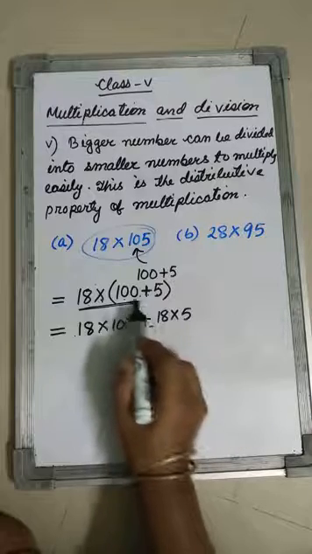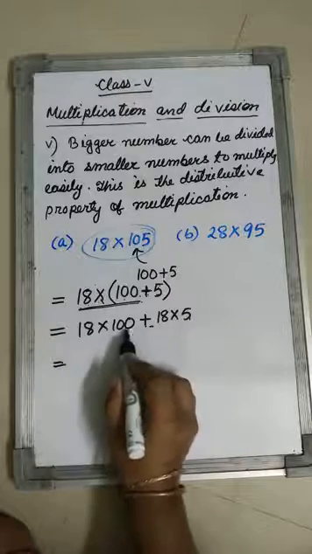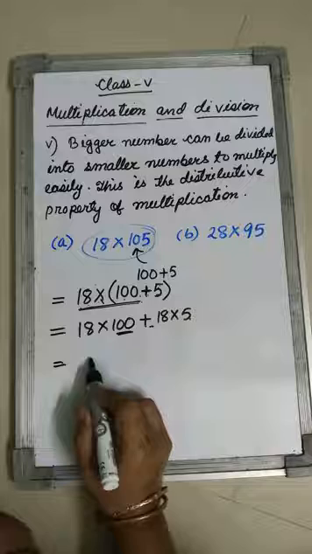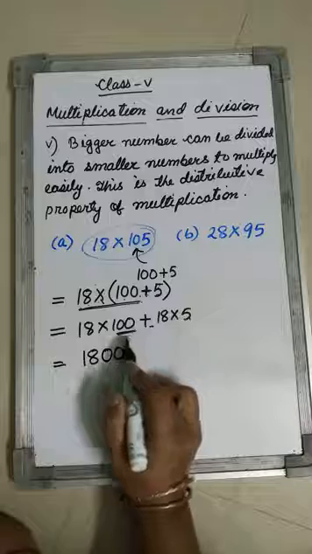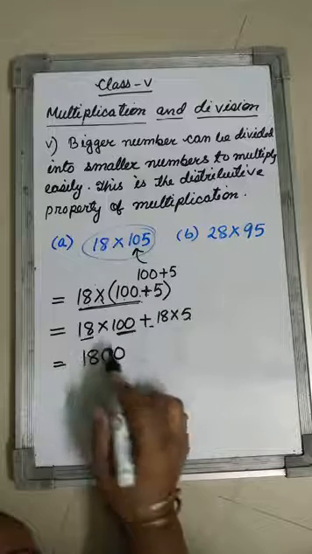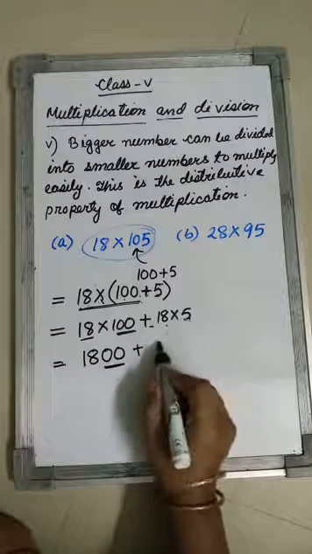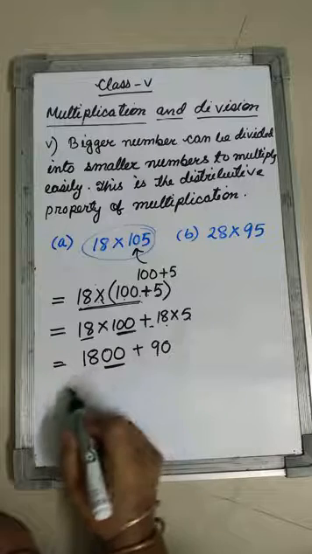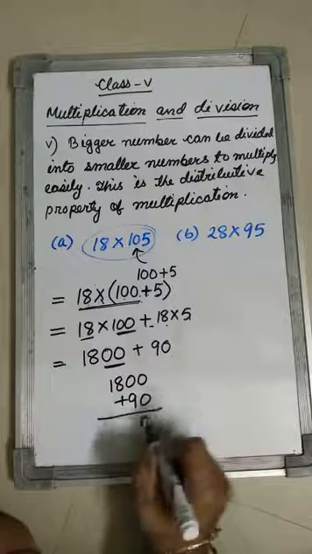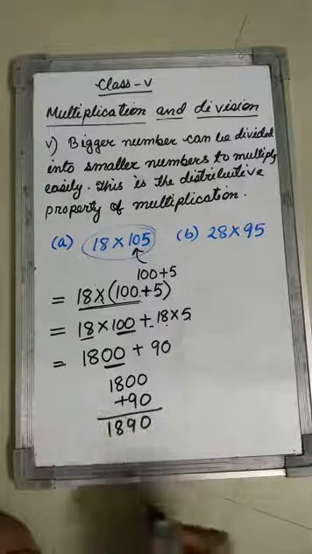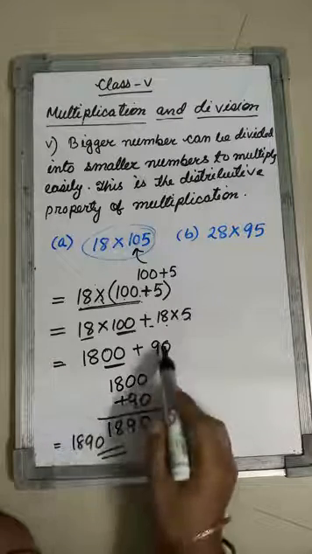So next is 18 into 5, like this. As you know, we are multiplying with 100, so the two zeros will be after 18. So it is 1800. 18 into 5 is how much? It is 90. So 1800 plus 90, if you add, it is 1890. This is so easy.